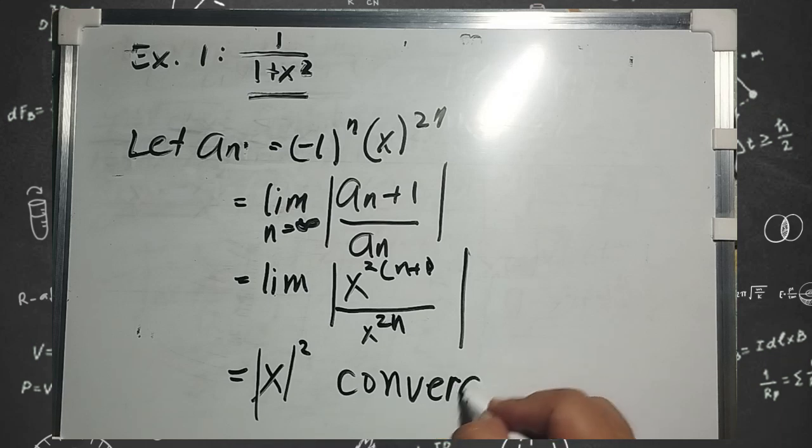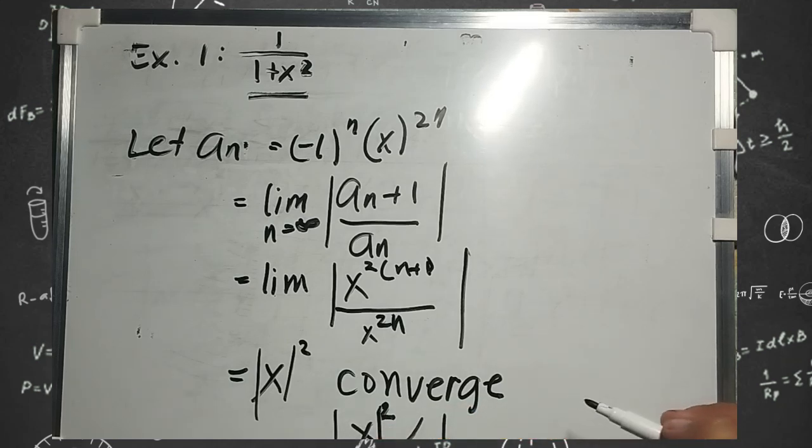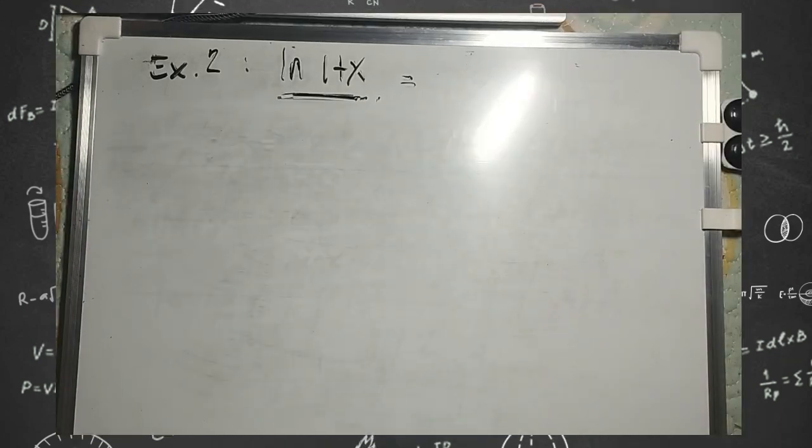Therefore, the geometric series converges if and only if the absolute value of x^2 is less than 1. And we can now get its interval of convergence as (-1, 1).